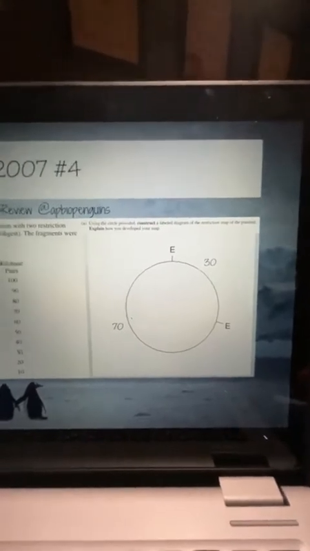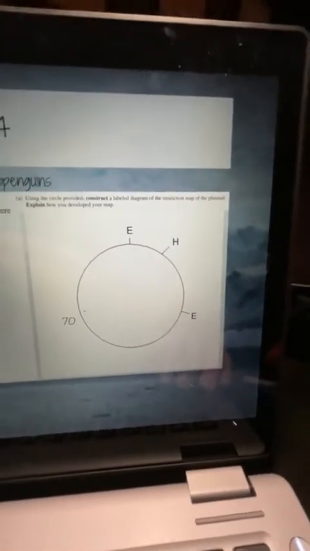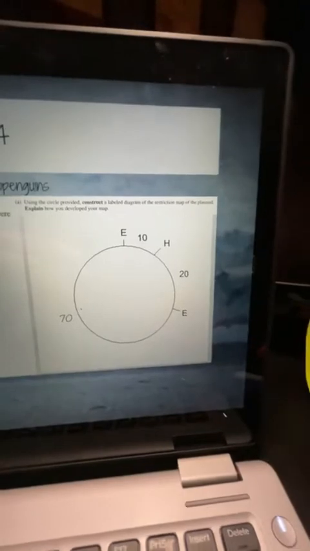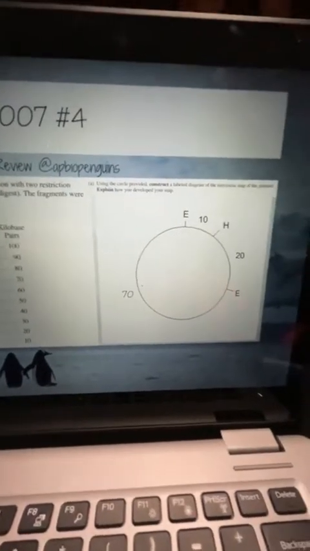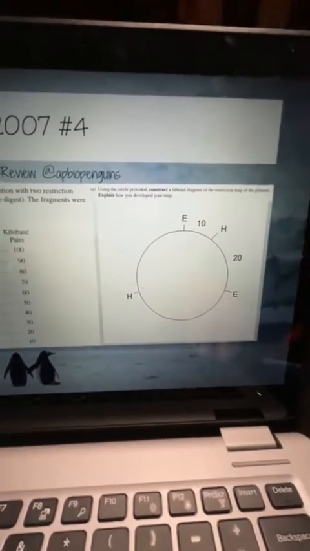So what numbers add up to give me 30? Well, 10 and 20 do. So I can cut my 30 with the Hay, giving me a 10 and a 20. So that leaves me with this 70 here, and I still need to get a 40 and a 30. Well, 40 and 30 add up to give me 70. So I can cut that 70 and give me a 40 and a 30.